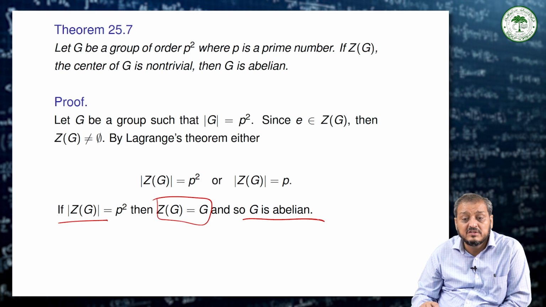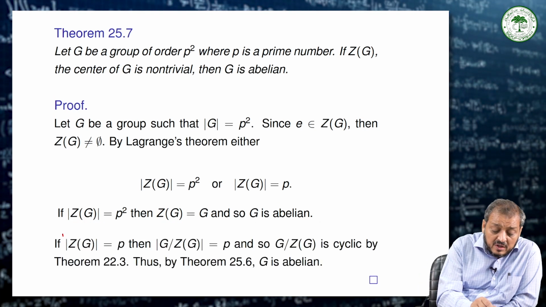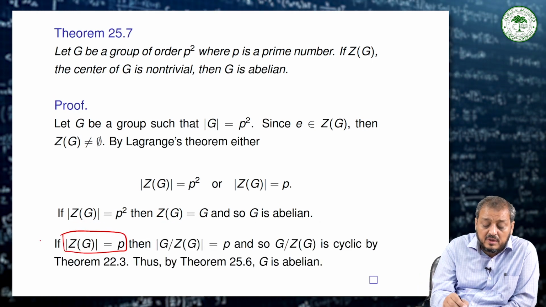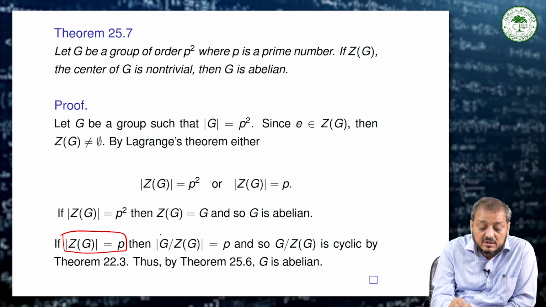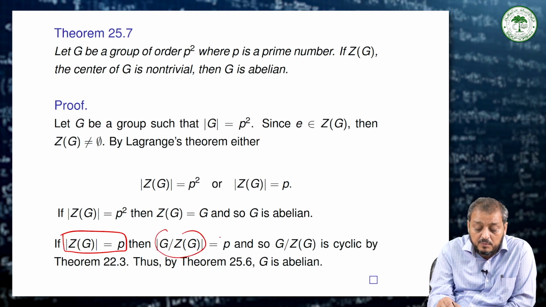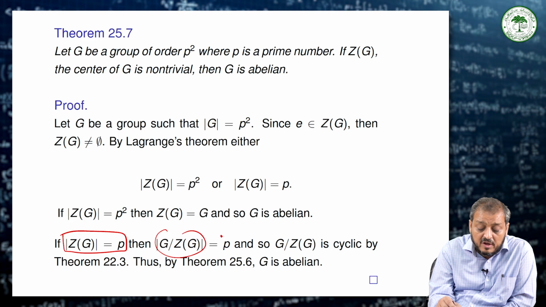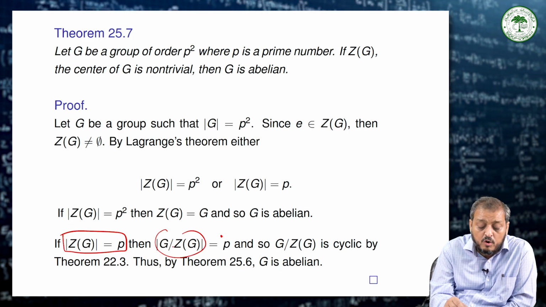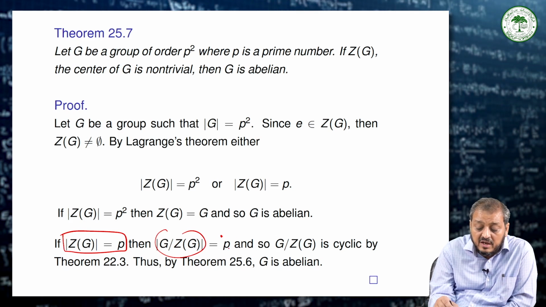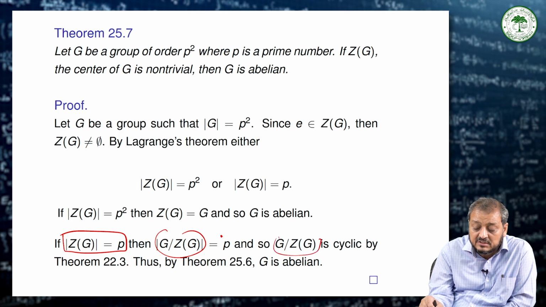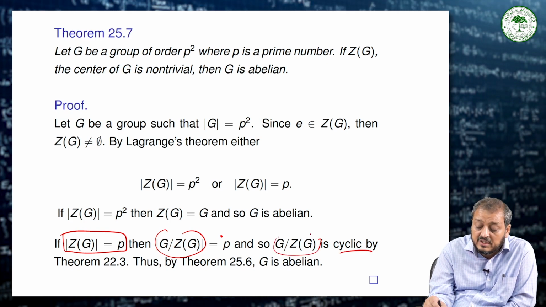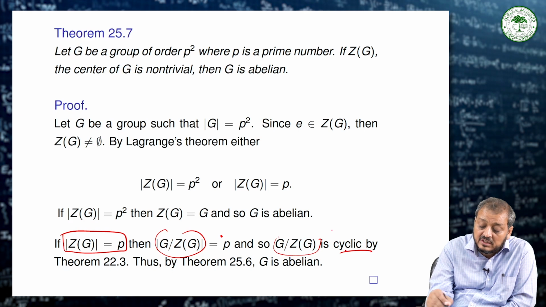Now if the order of ZG is equal to P, then the order of G by ZG is equal to P. Every group of prime order is cyclic, so G by ZG is cyclic, and if G by ZG is cyclic, then G is abelian.